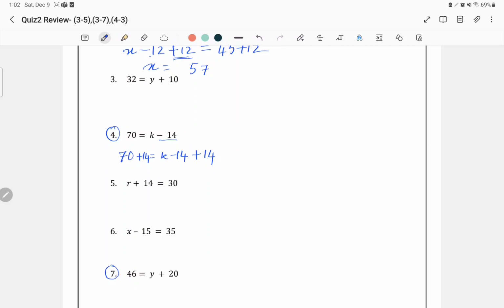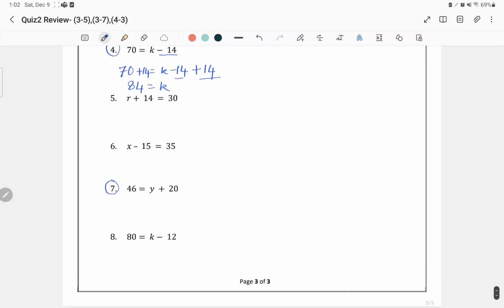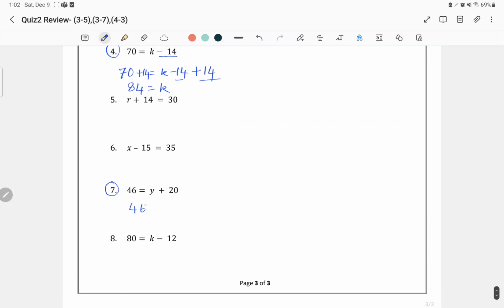Whatever you subtract on the left side, you do the same on the right side. So here we applied the addition property of equality that we learned. 70 plus 14 is 84 equals minus 14 plus 14 is 0. So k equals 84.